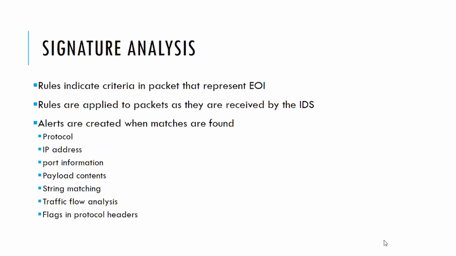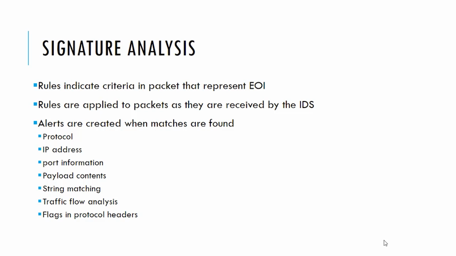The signature analysis depends on rules indicating criteria in a packet that represent the event of interest. Rules are applied to packets as they are received by the IDS. Alerts are created when matches are found in the following issues. Either the protocol, for example, we have caught traffic that is UDP protocol, and this UDP protocol is unwanted on our network, so let's generate an alert.